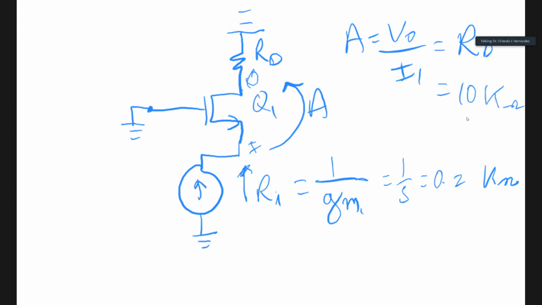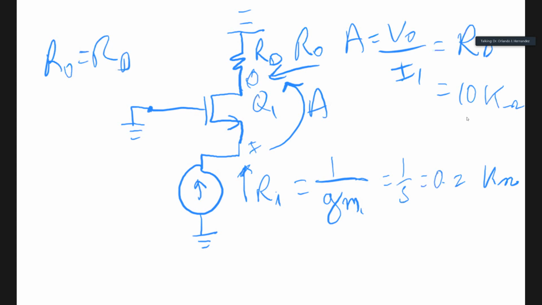And then if you want to find the RO at this point, just for the A part, looking into that node, which is the output, what you see is that RO is RD.